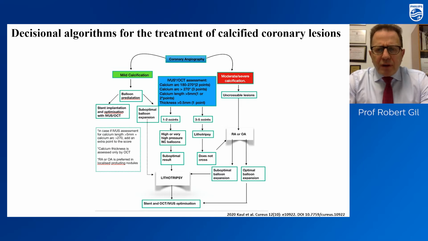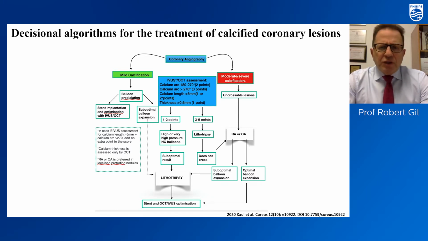And here you can appreciate the proposal for how we should tackle the information given by angiography, but also by IVUS and OCT, in terms of choosing the right devices for plaque preparation. Nowadays, this is not only a couple of kinds of balloons, NC balloons, double layer balloons, cutting balloons, but we should take atherectomy into consideration.